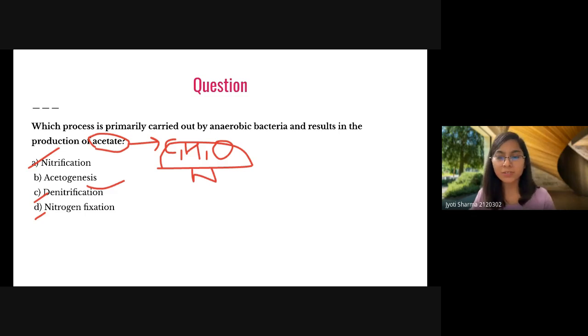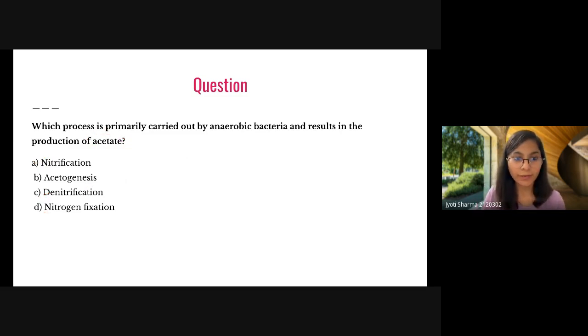And from terminology also you can guess: production of acetate means there must be a process, that is acetogenesis. Genesis means formation. Aceto came from acetate. So whenever there is the formation or generation of acetate, then this will be acetogenesis. And let me show you the figure where this acetate can be produced.